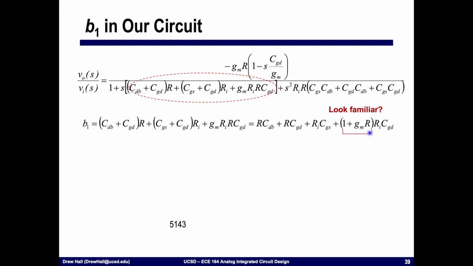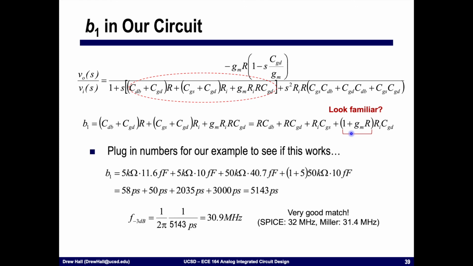This should start to look familiar. Okay, if you recall from Miller's theorem, this is essentially taking CGD and multiplying it by 1 plus the gain. Okay? And that's where it's getting multiplied by the input impedance. And so really what's happening is that we're seeing this pop back into this expression.